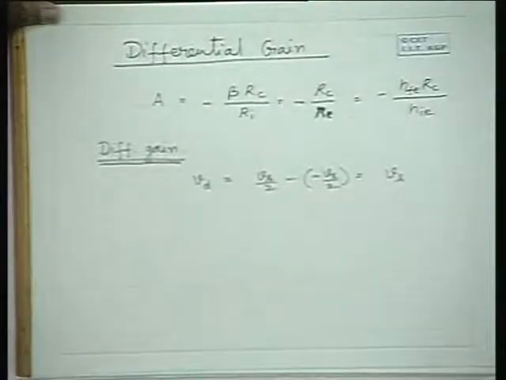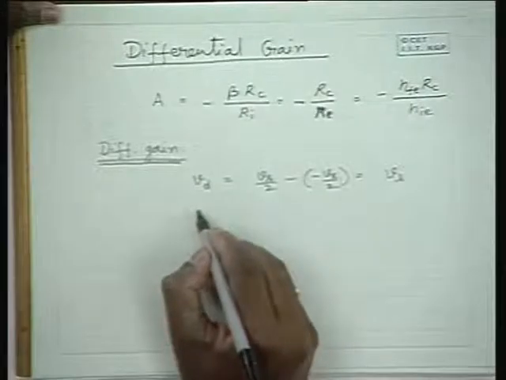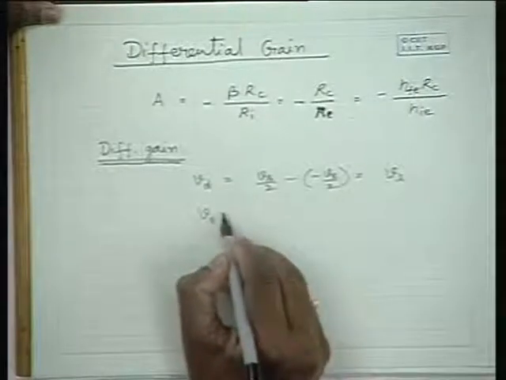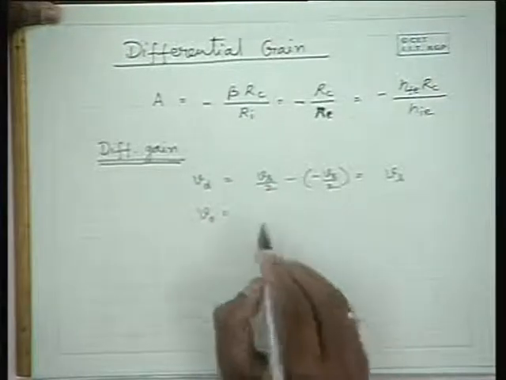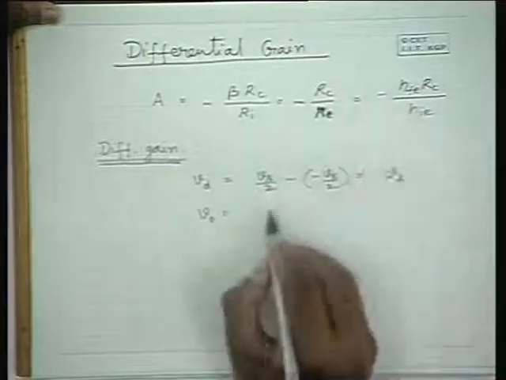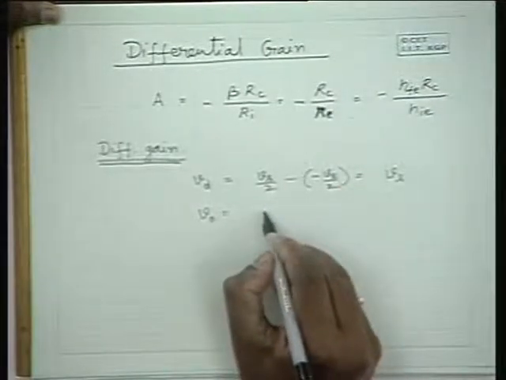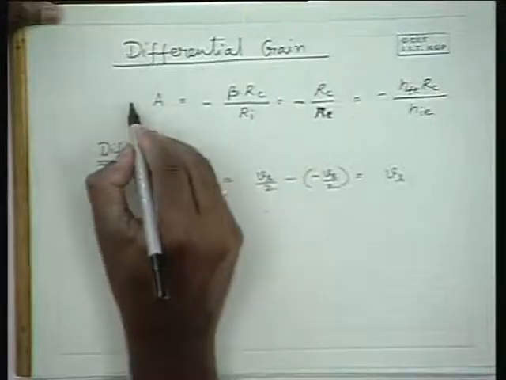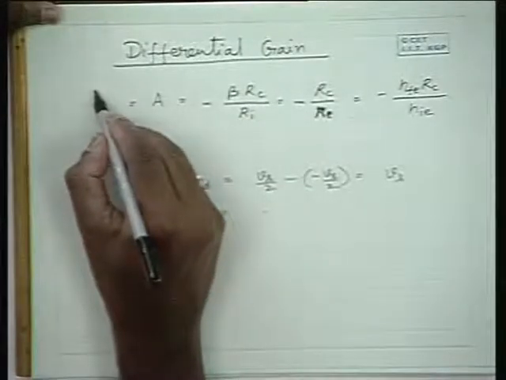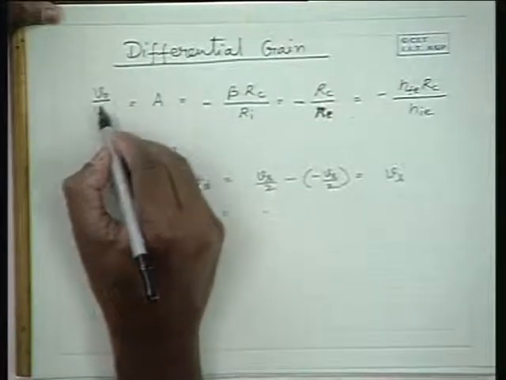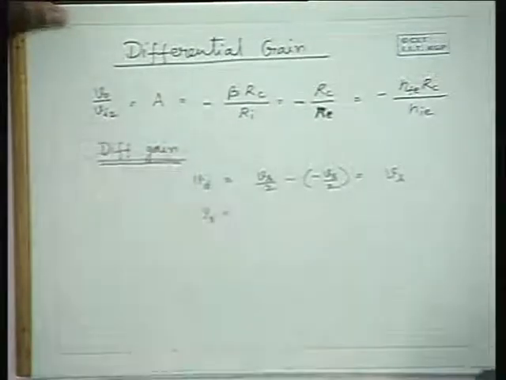And the output voltage now is minus R C, this voltage gain A is equal to the output voltage V naught by V I 2, this is the voltage gain.